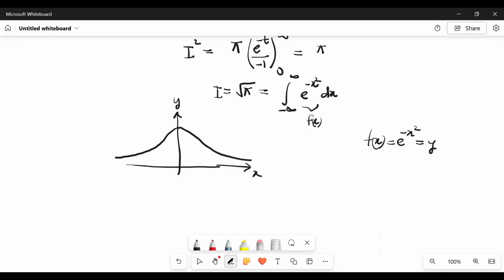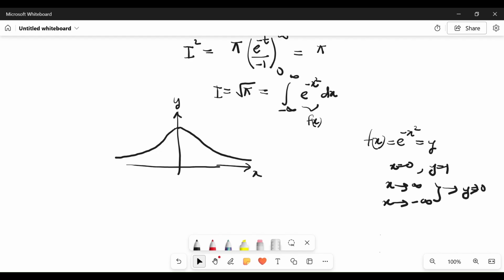At x equal to 0, y will be 1, and as x tends to infinity, or as x tends to minus infinity, y will be tending to 0. So this is an even graph.